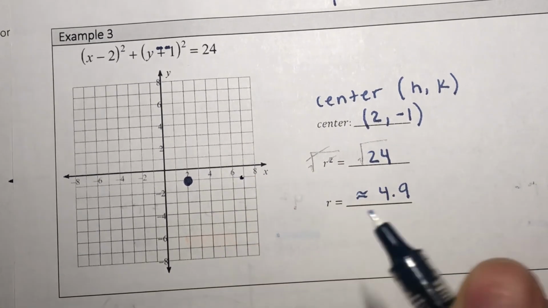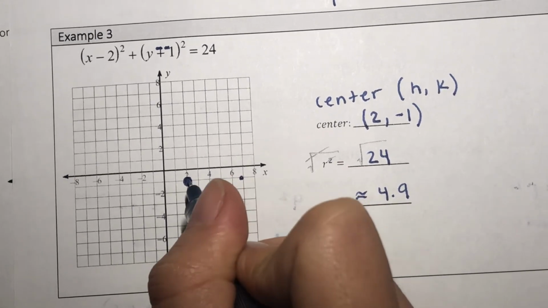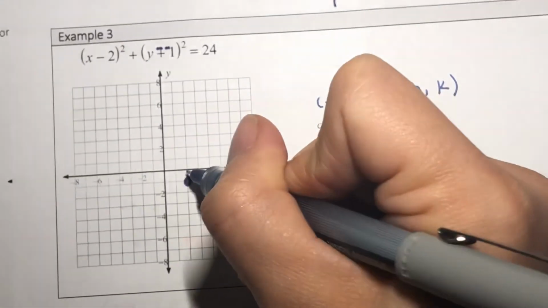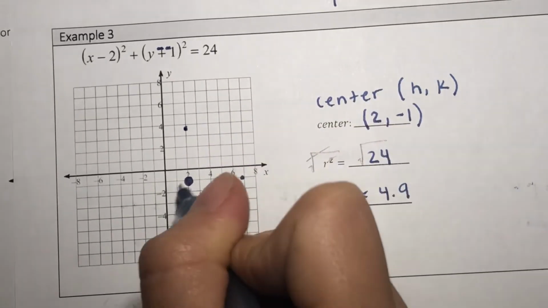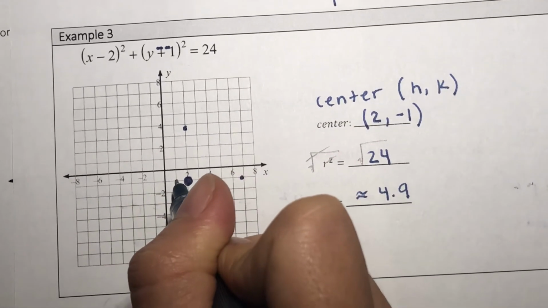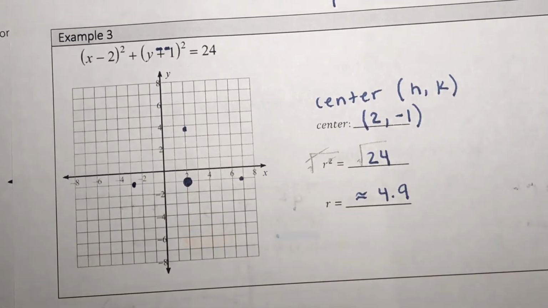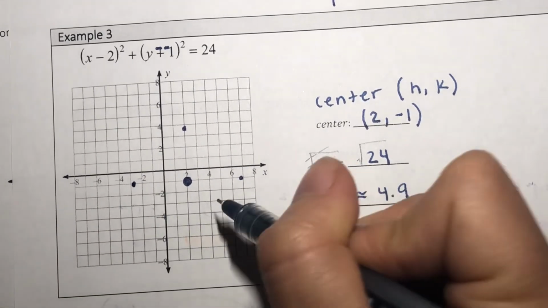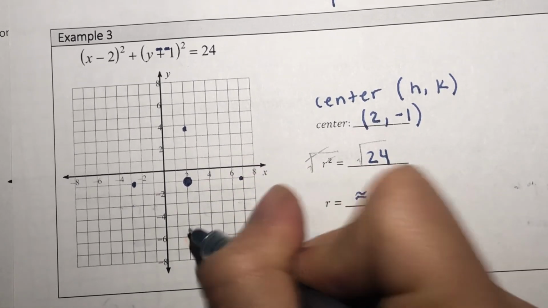So somewhere right there. And the same thing going up, 1, 2, 3, 4, almost 5. To the left, 1, 2, 3, 4, almost 5. Down, 1, 2, 3, 4, almost 5.